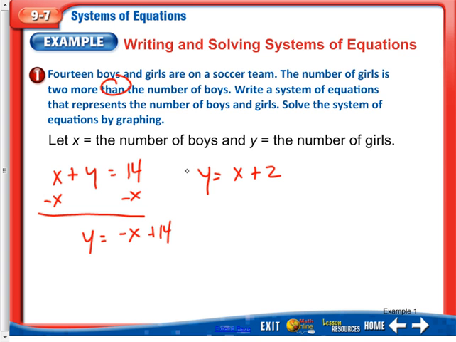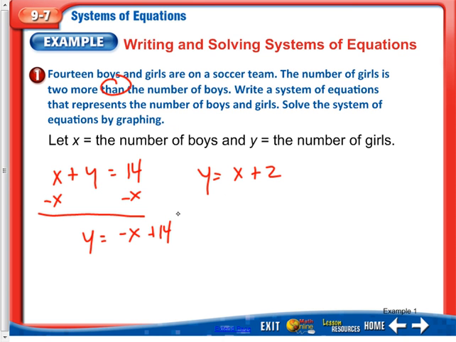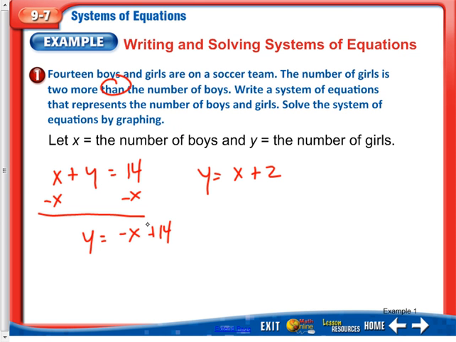All right, now let's go back to our other equation. We have y equals negative x plus 14. Now, I notice here I don't have plus 14 in this graph. So what I'm going to do is just plug a number in to get myself on the graph. So let's say, just because I want to get down to 10, because 10 is on my graph, I'm going to put 4 in there.